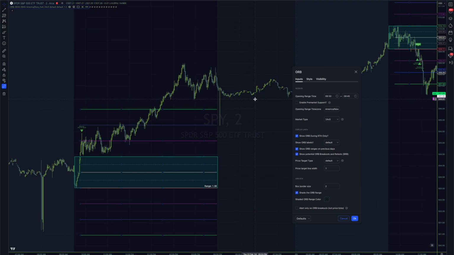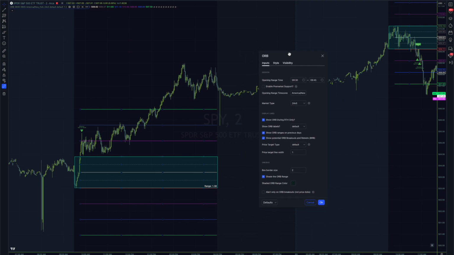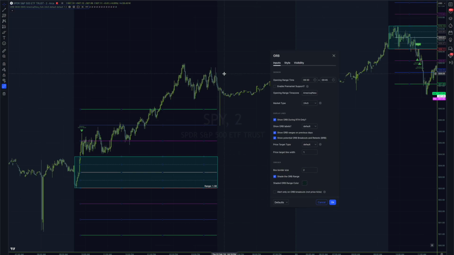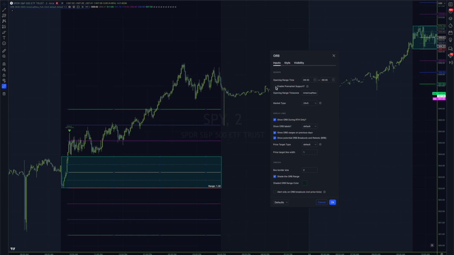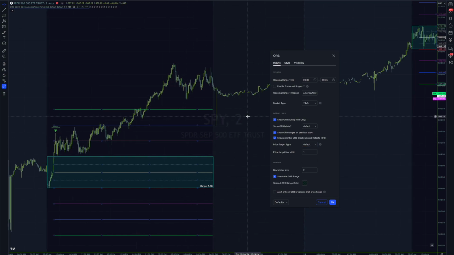Okay, so the indicator is called ORB with Price Targets. It is not one that I developed originally, it's one I found, and I wanted to add a couple things to it, namely pre-market support, futures market support, and I want to say I added fib targets versus percentile targets, and a couple other things I believe.